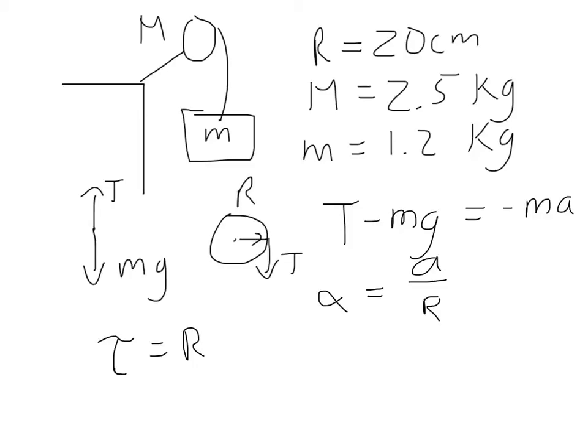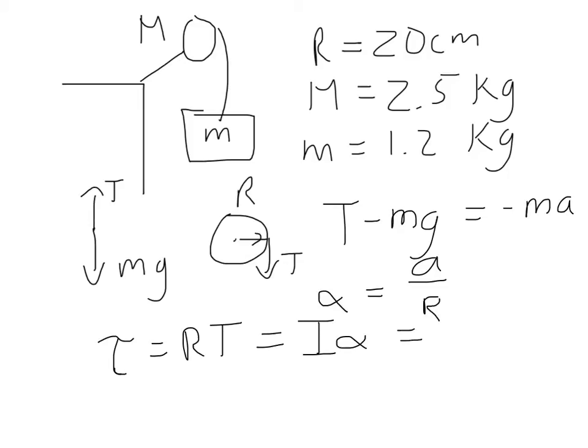But notice in our second picture with the pulley that the force being applied is the tension in the string. The tension in the string is what's giving us our rotation. So that's one equation for the torque, but we also have that the torque is equal to the rotational inertia multiplied by alpha.